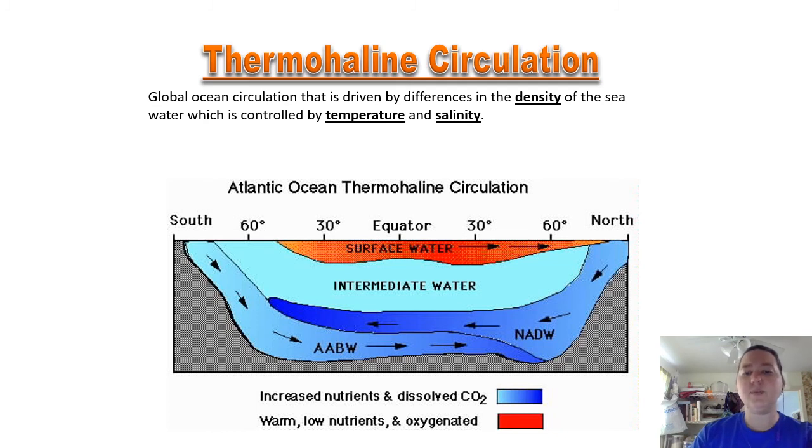Okay, so surface water tends to be warmer, all right, less dense, highly oxygenated, and then what it does is it ends up getting cooler and sinking, and that's where we end up seeing those increased nutrients. But what happens is that water, as it gets denser, actually starts to fall down to the bottom of the ocean. And thermohaline circulation is driven by these changes in density.